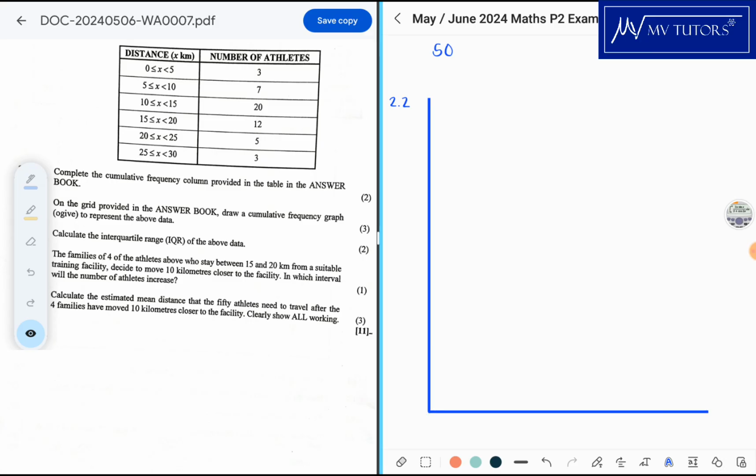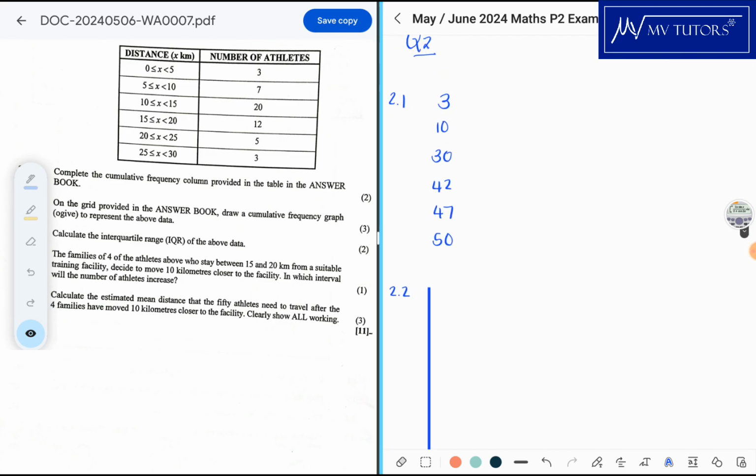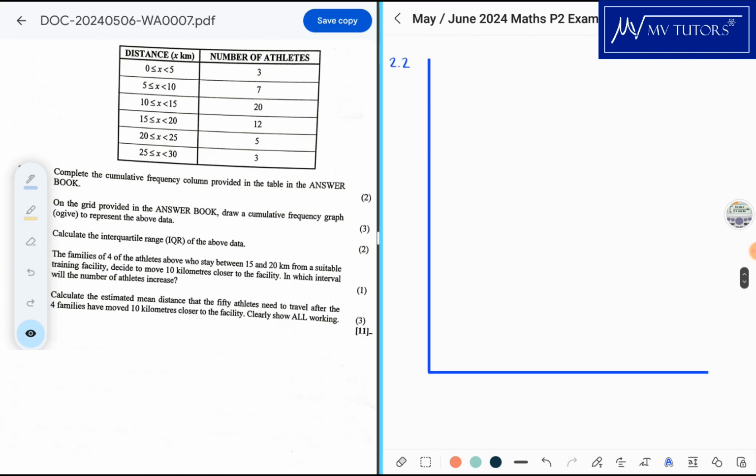I will go in intervals of 10: 10, 20, 30, 40, 50. Like I said, I'm not drawing it to scale. You guys had graph paper, so that makes it very nice and easy. So that is the y-axis, number of athletes.